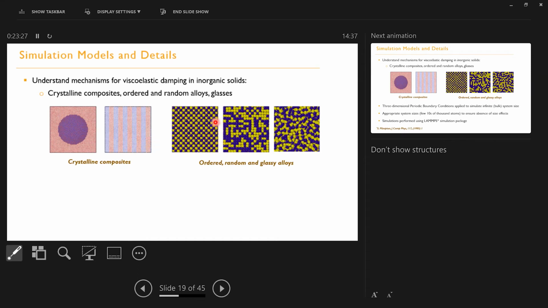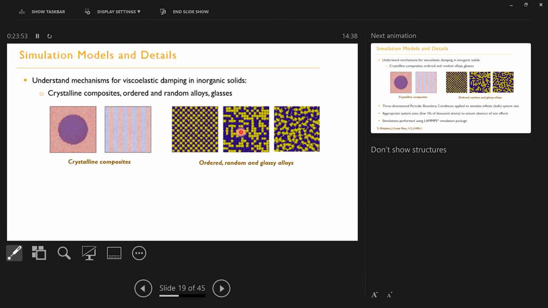Further, we also looked at the effect of chemical and structural disorder in materials. So this snapshot that we see here is what is called an ordered alloy. There are two types of atoms again, yellow and blue, that are neatly arranged in a periodic orderly fashion. The one in the middle you see here, there is no chemical order, okay, but there is structural order.